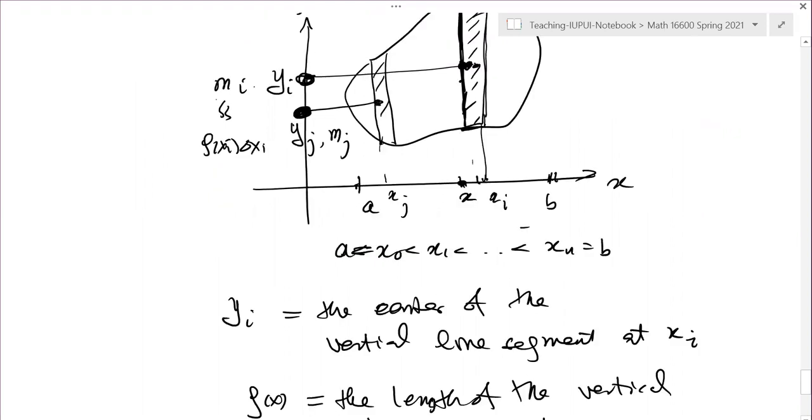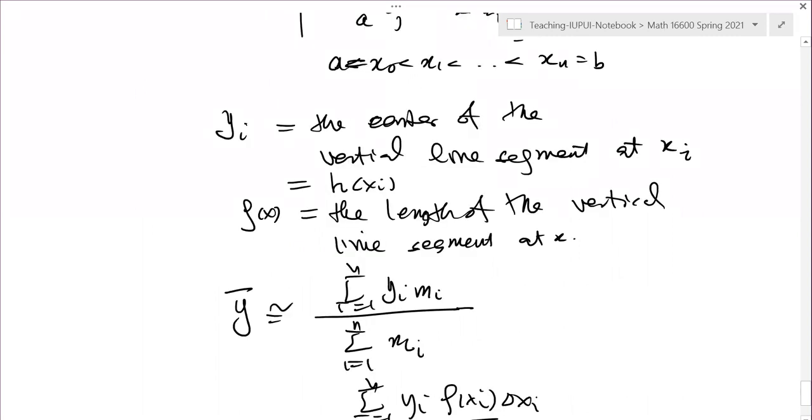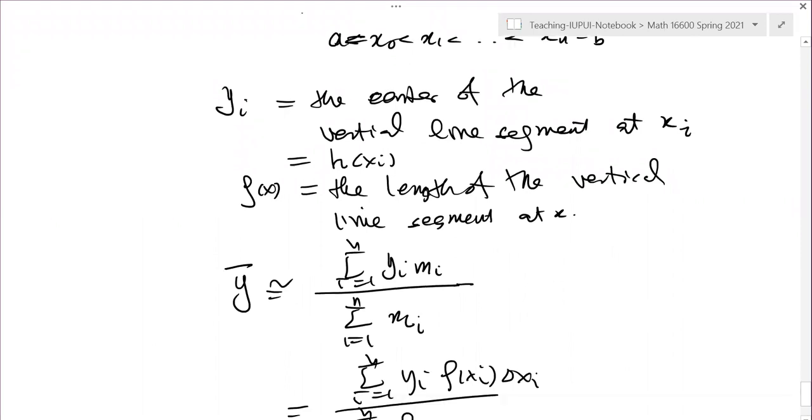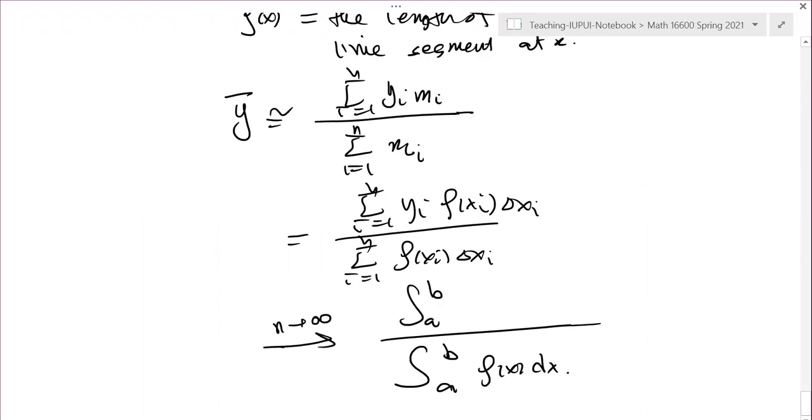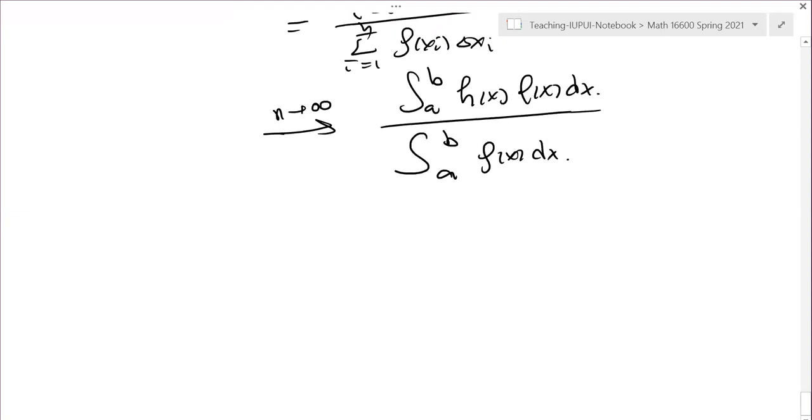So if you can express this in terms of a function called the height, the midpoint at xi, then you have to find the formula for that. How does it depend on xi? And then this will be h of x rho of x dx. So that's the idea. This is the formula. So you have to determine h of x.